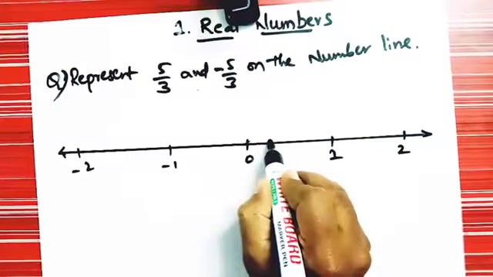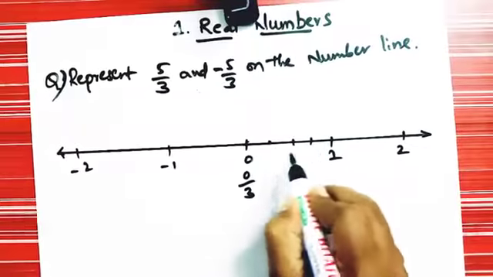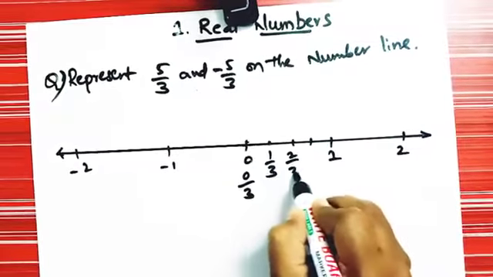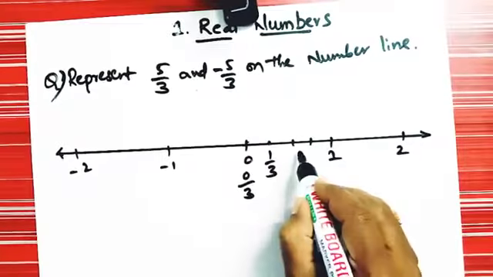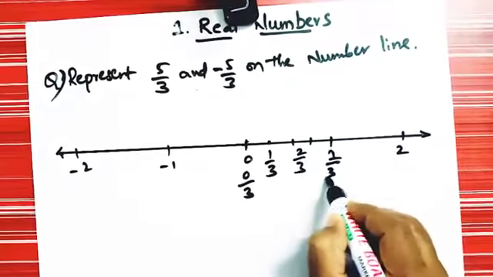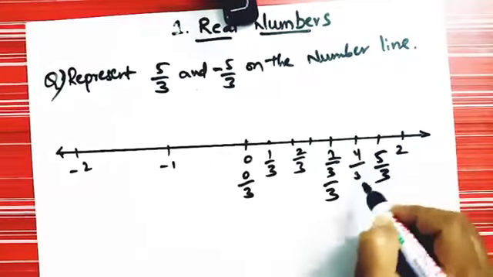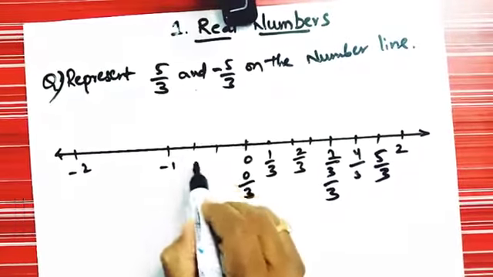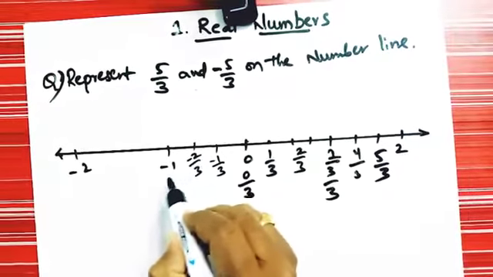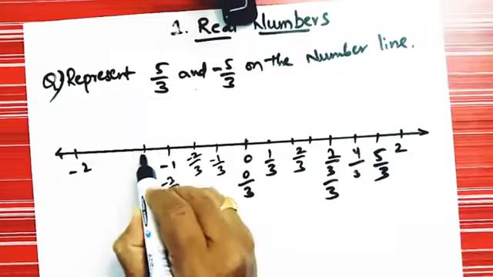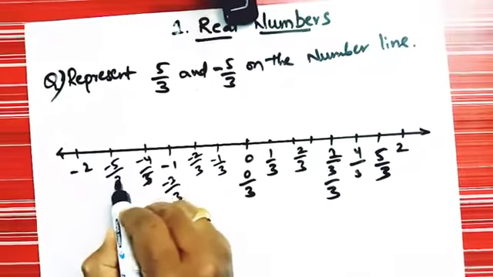So I'm writing here 0 by 3, this is 1 by 3, 2 by 3, this is 3 by 3, 4 by 3, this is 5 by 3, and on the left, minus 1 by 3, minus 2 by 3, minus 3 by 3, minus 4 by 3, minus 5 by 3.